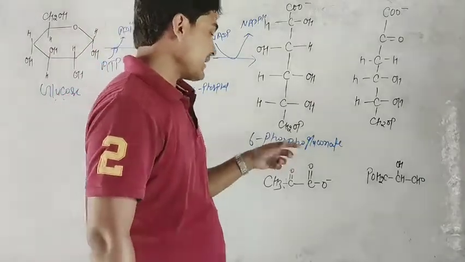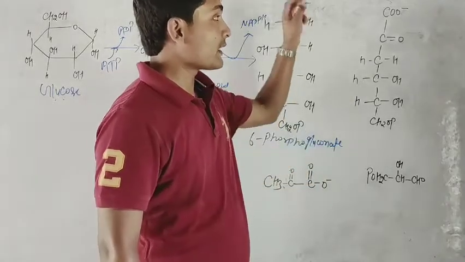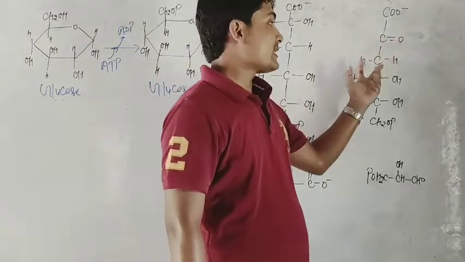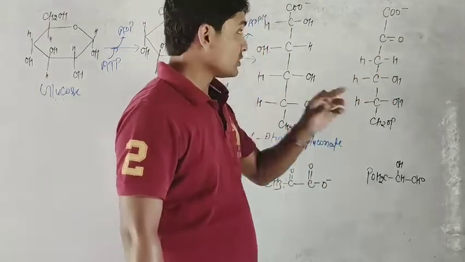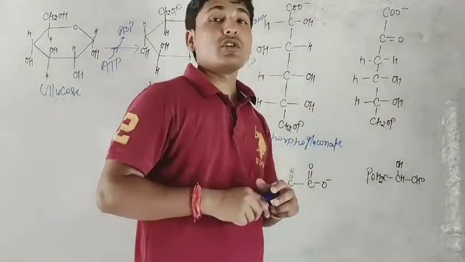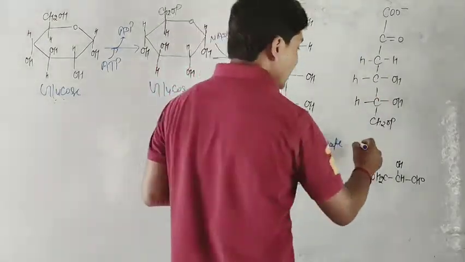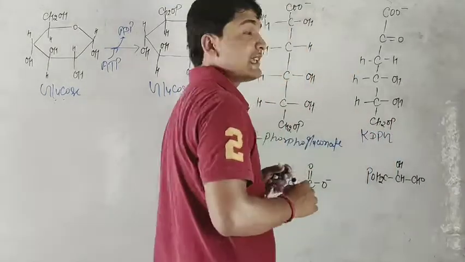The next reaction is that 6-phosphogluconate is converted into 2-keto 3-deoxy 6-phosphogluconate, which is also called KDPG.